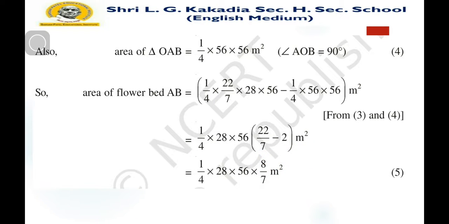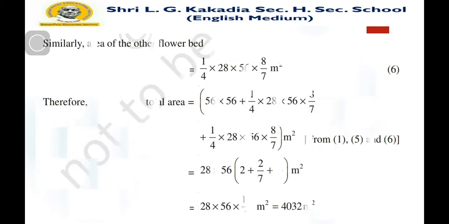Now we want to find the total area of the flower bed. Similarly, the area of the other flower bed is the same as it is similar. So the total area will be the area of the square plus the area of the 2 flower beds. After taking out the common terms, we can take 28 and 56, all three common. Here 28 taken out leaves 2, and here 4 2 za 22/7, 4 2 za 8, 2/7.